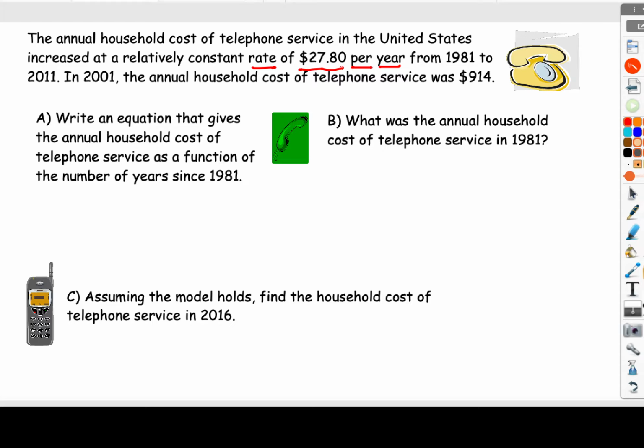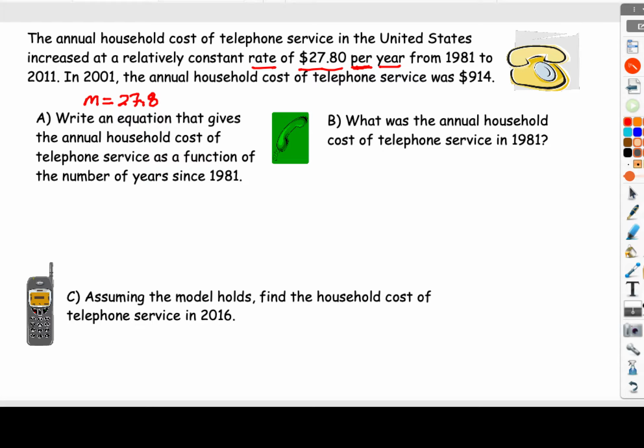As the years go up per year, the money is going to go up. Again, that sounds a lot like a slope. So from 1981 to 2011, again, we've got a $27.80 per year increase. So the first thing that I'm going to do is write down that m equals 27.8 because I think I know my slope right there.